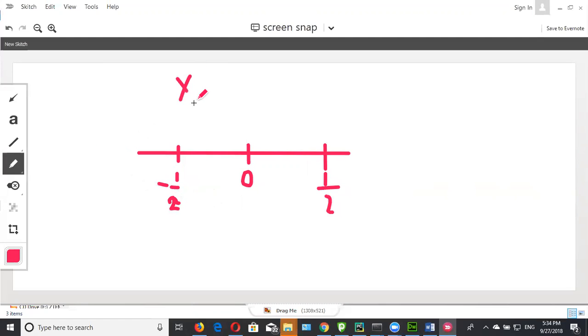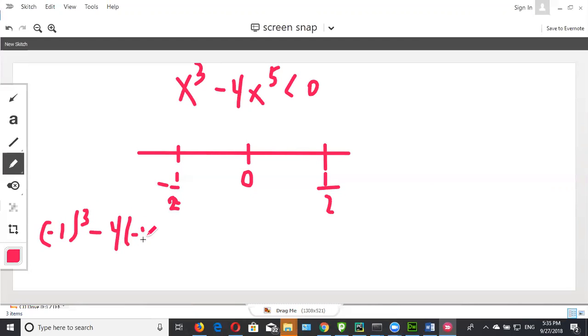Our function is x cubed minus 4x to the 5, and we want to see where this is less than 0. If I pick minus 1, then I get minus 1 cubed, that's my first test value, minus 4 times minus 1 to the 5.